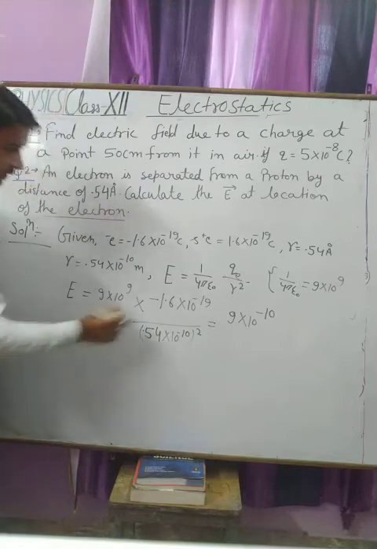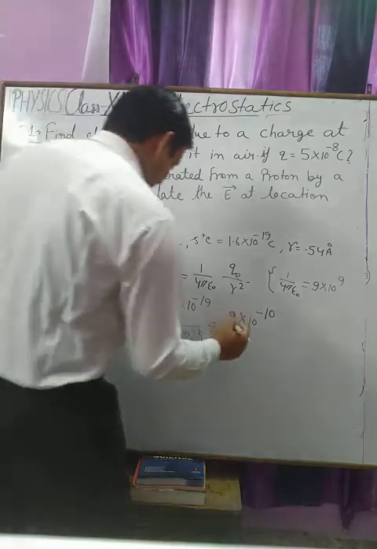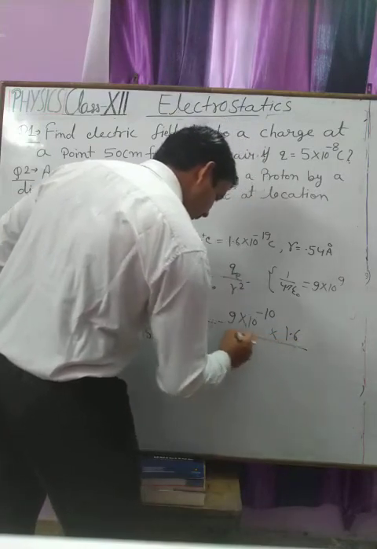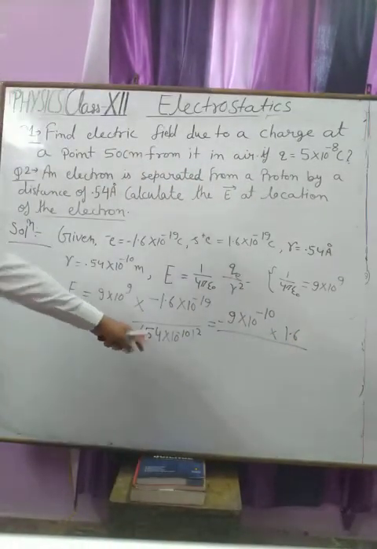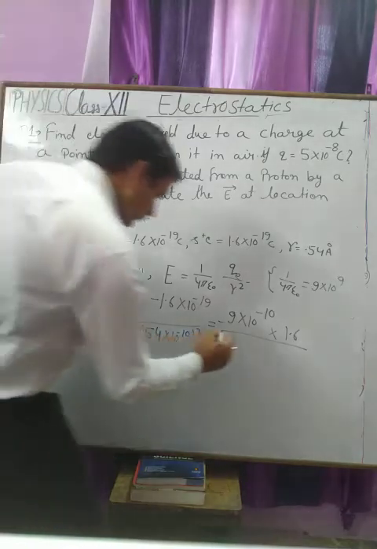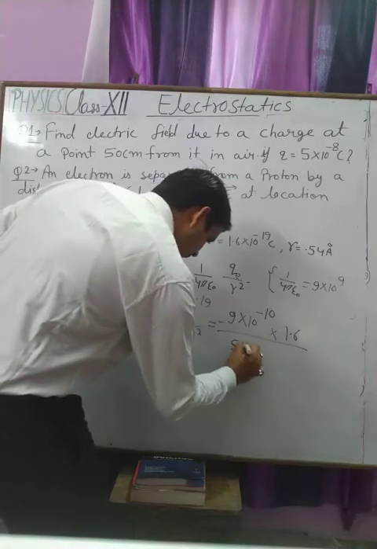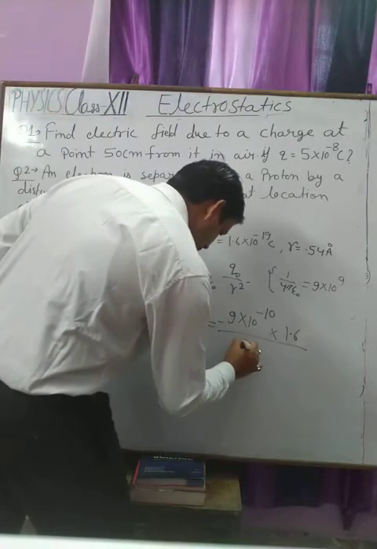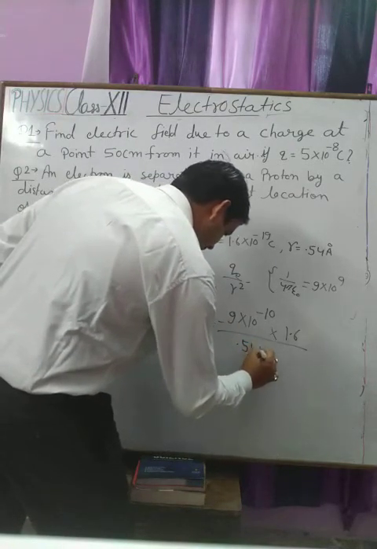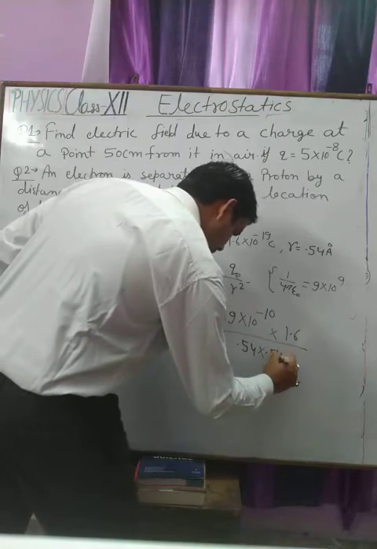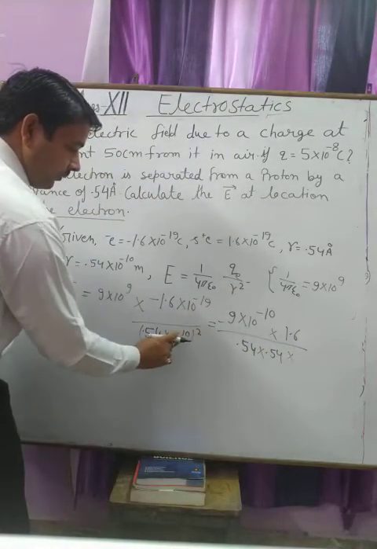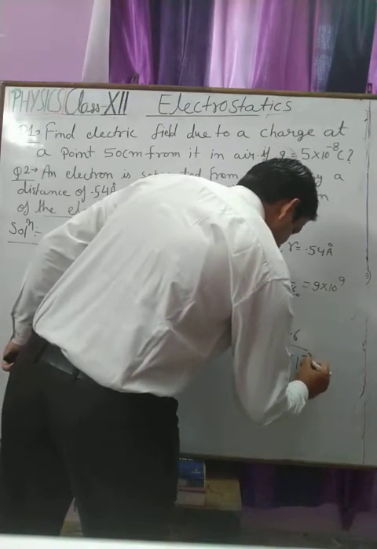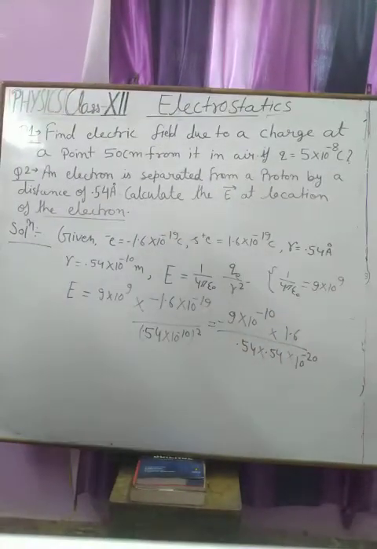So we are using here the same value, into 1.6 upon 0.54 into 0.54 into 10 to the power 2 into 10, that is 10 to the power minus 20.